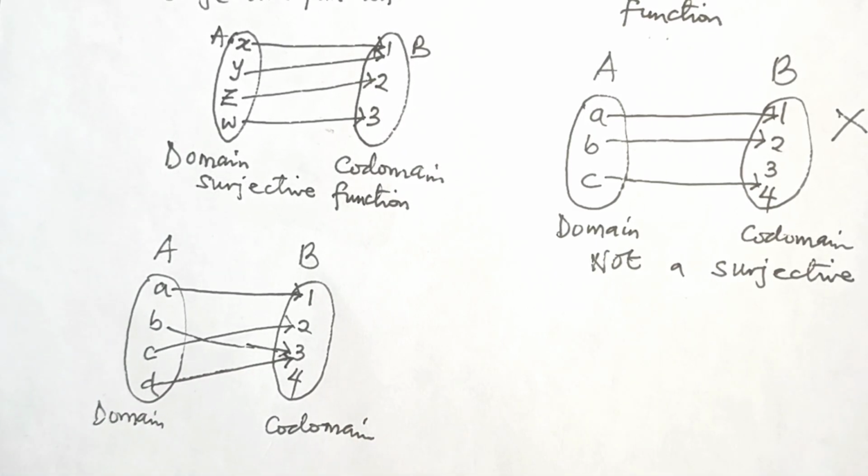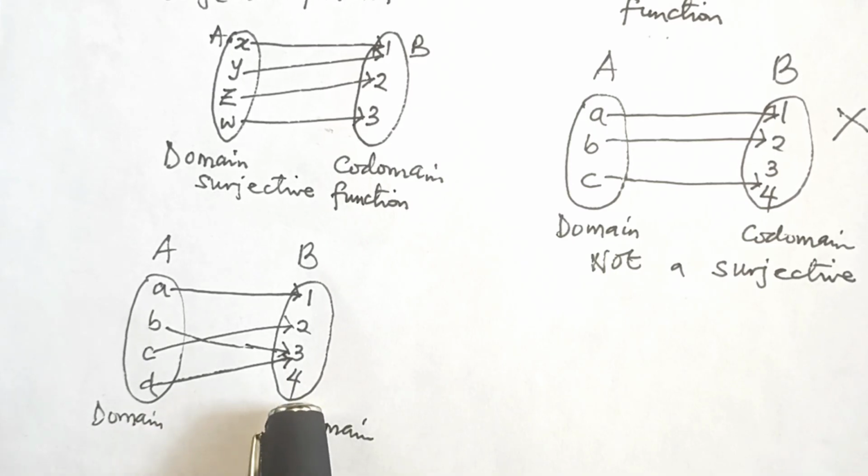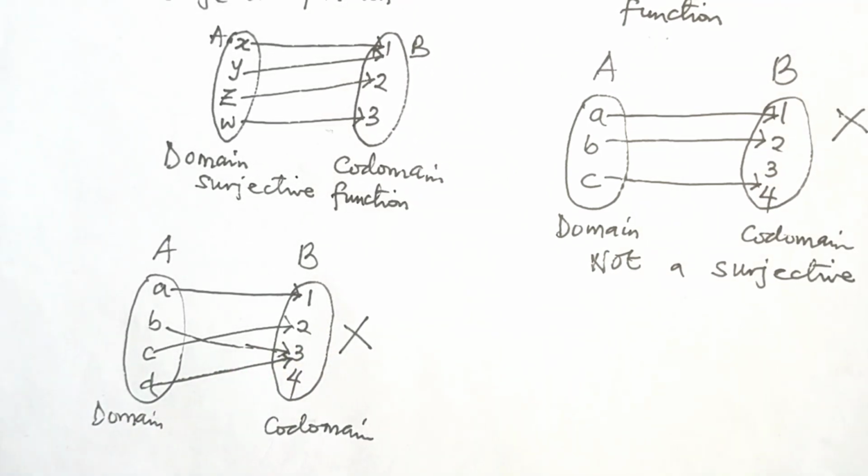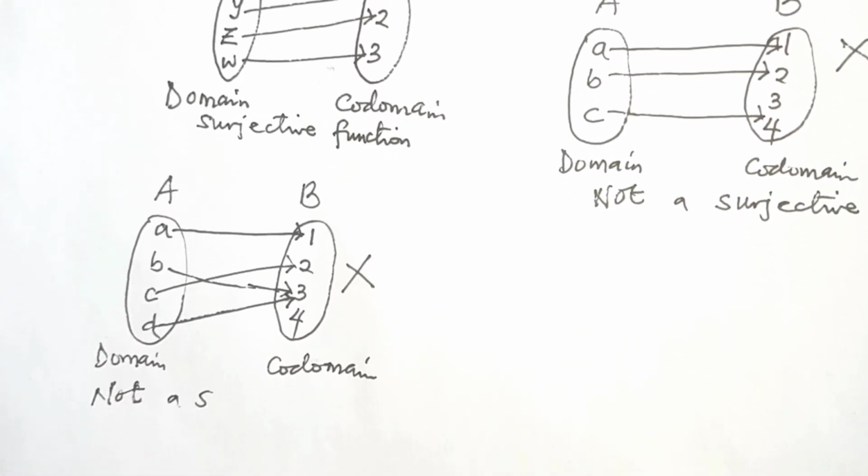You see here again, element 4 is left out in the mapping. So we say that this is not a surjective function.